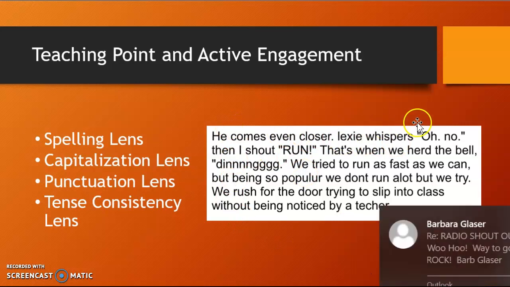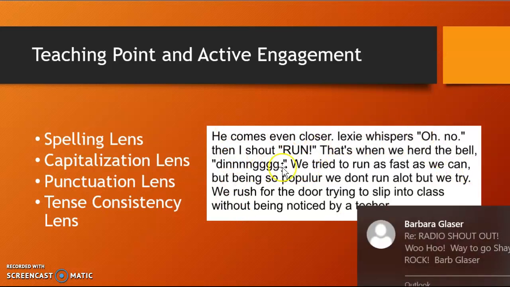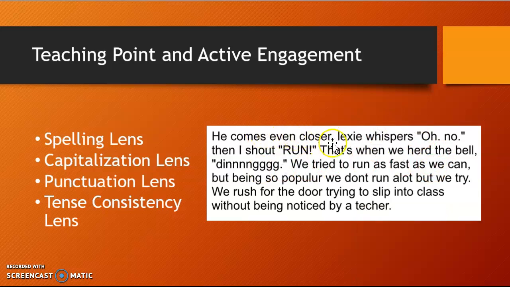So when I was looking over here, I saw right away that I needed a comma where it says, he comes even closer. Lexi whispers, "Oh no." Well, if I'm having dialogue here, I know I need a comma to offset where Lexi whispers and offset my dialogue right there. So right there is a part where I need a comma.